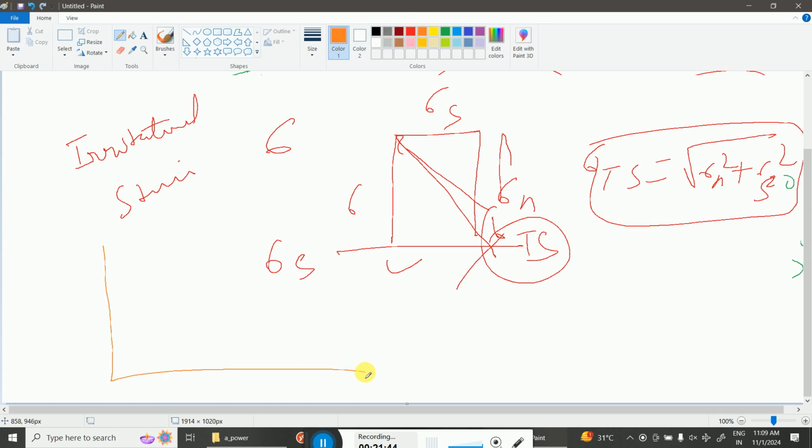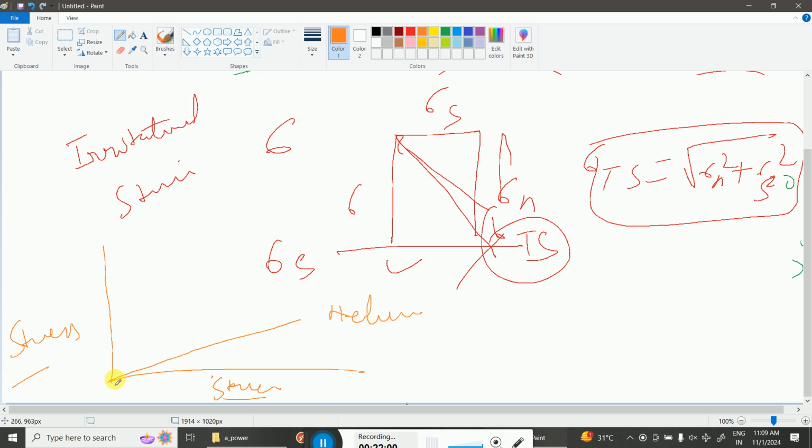Now come to a graph. I will draw it. This is your strain, and this is your stress. When this is a straight line, it is called a Newtonian fluid.